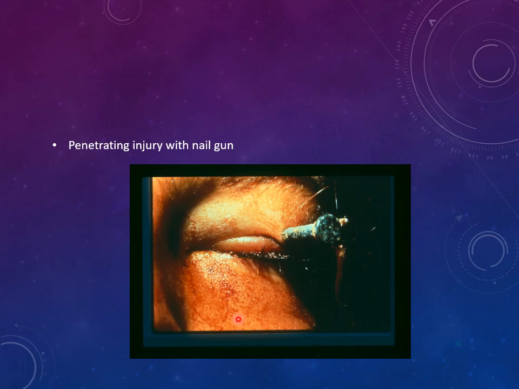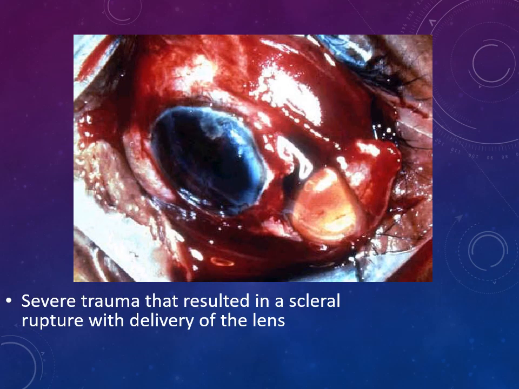This is a penetrating eye injury with a nail gun through the upper part of the globe. And this is also severe penetrating eye trauma that resulted in protrusion or expulsion of the crystalline lens of the patient.